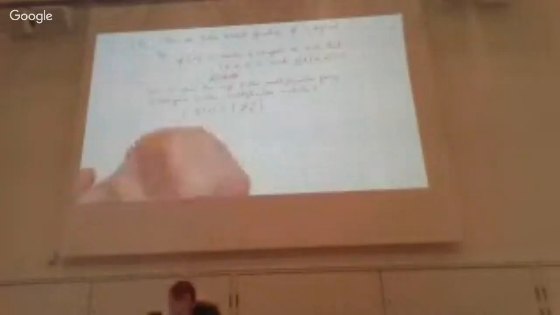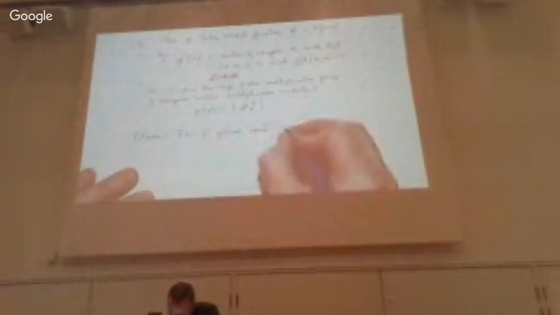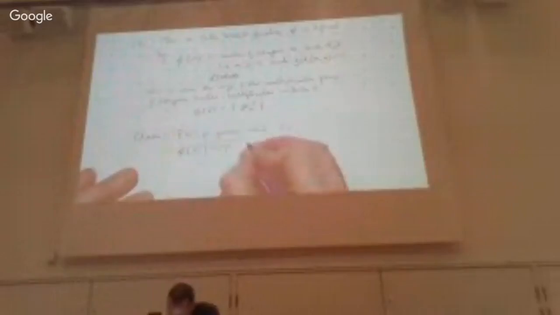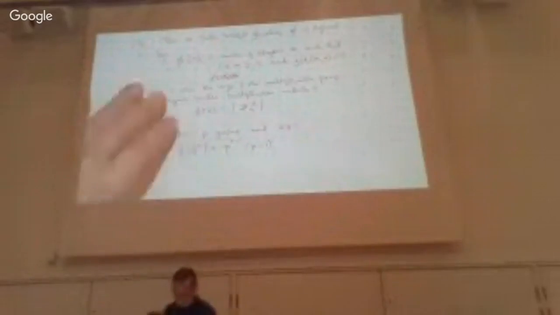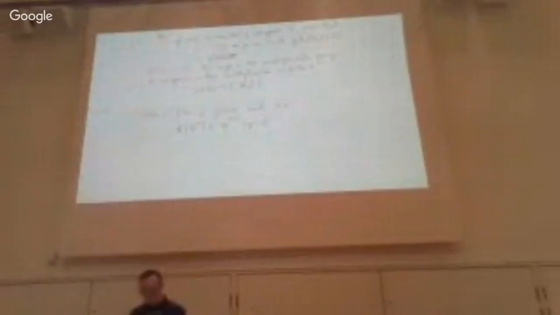So the claim here is that for p prime and any exponent n greater than or equal to 1, phi of p to the power n is p to the power n minus 1 multiplied by p minus 1. So we want to prove this.